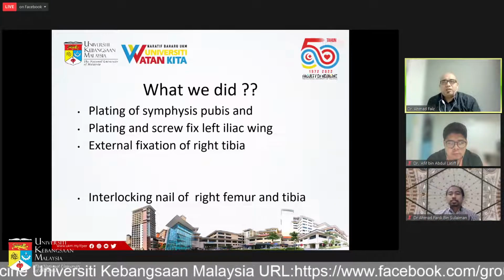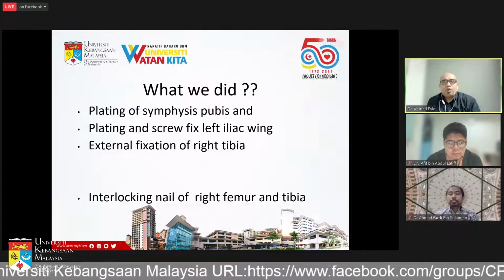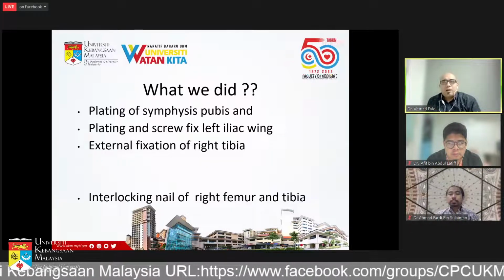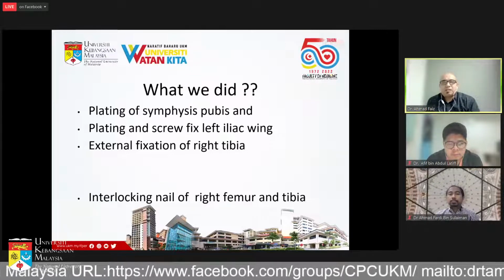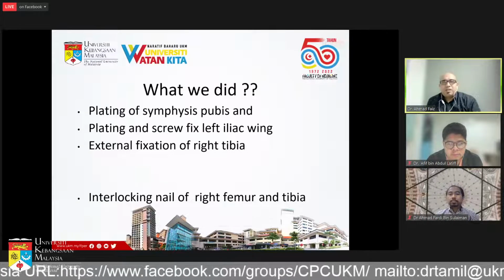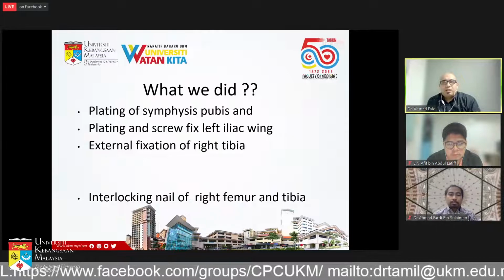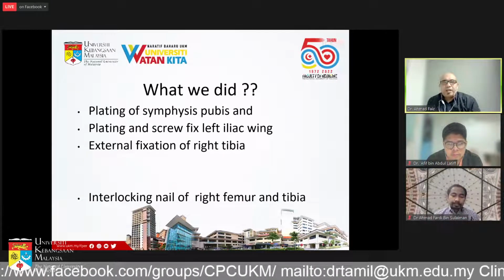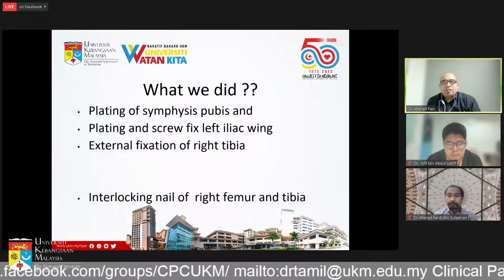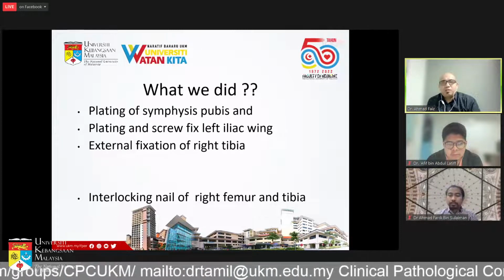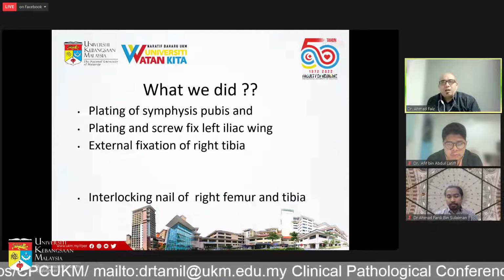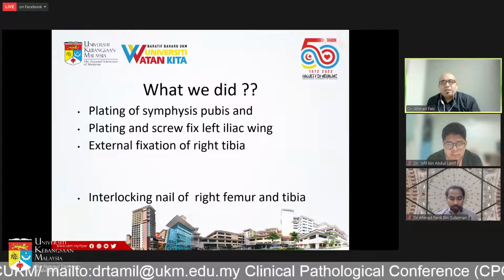So we did not do all the fractures at once, just the most important parts, as Dr. Said has mentioned in early appropriate care: among the fractures that should be stabilized if the patient is in a stable condition are the long bones and also the pelvis.